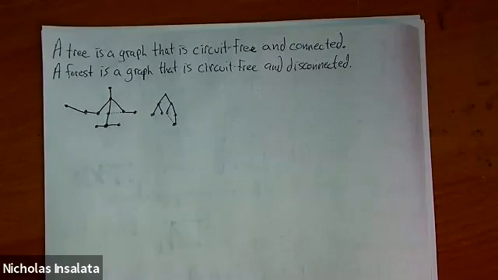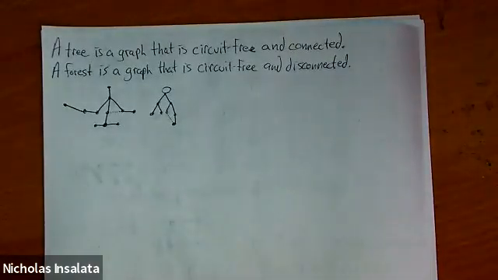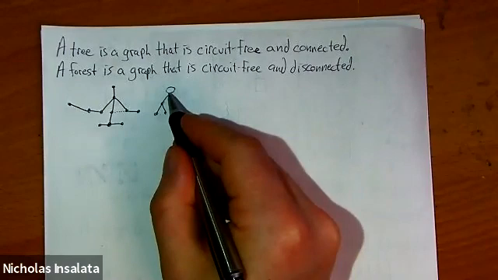So these trees, they do have to be simple graphs. Well, if they weren't simple, then, oh, I see what you're saying by a loop now. You mean one of these things. Is that right? Yeah, so this loop would make a circuit.